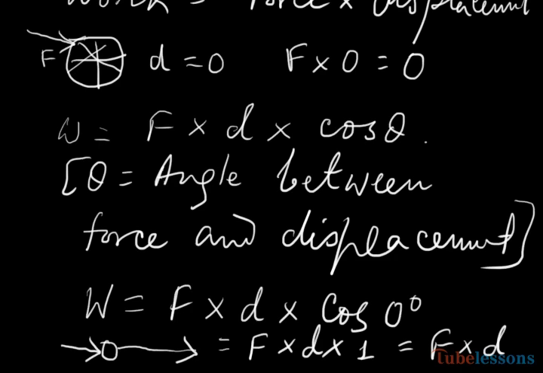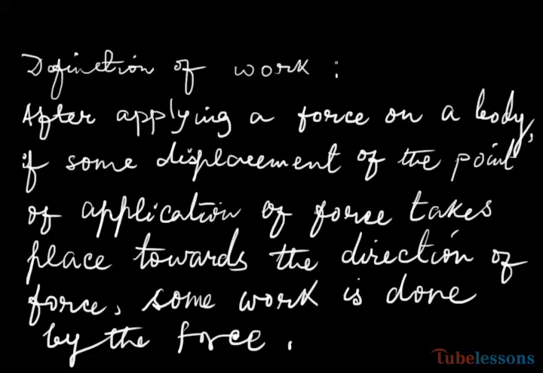So the work done will be measured by the product of force into displacement. So work can be defined in the following manner. After applying a force on a body, if some displacement of the point of application of force takes place towards the direction of force, some work is done by the force.